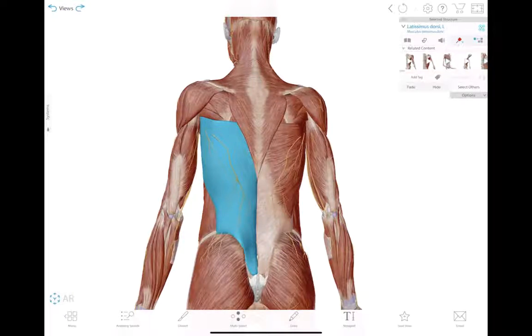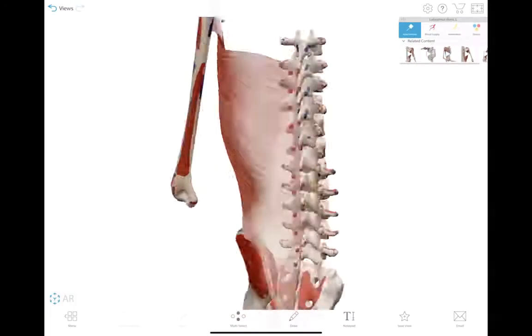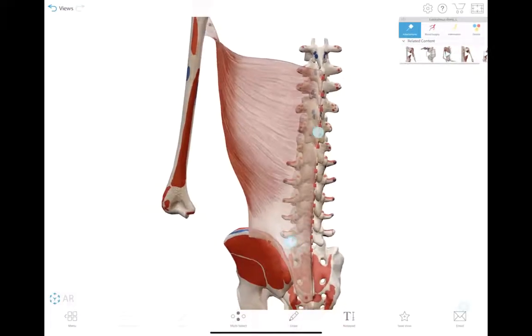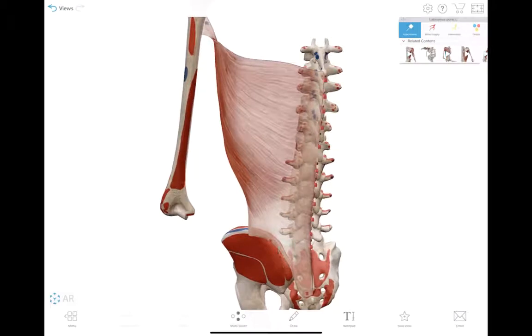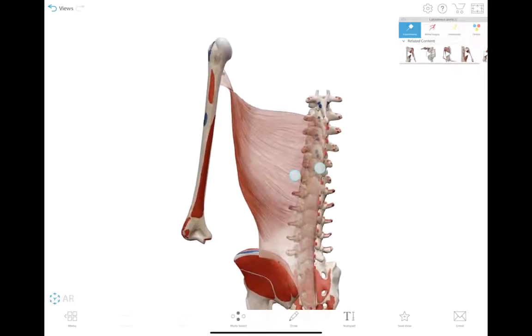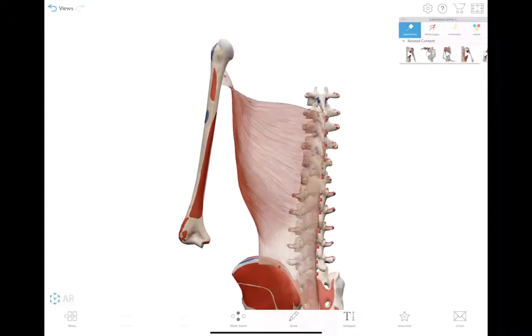It is going to extend the shoulder. This is an antagonist to that pectoralis we just looked at. If we zoom out a little bit, you can see it attaches to the vertebral column medially and then to the humerus laterally. So it's going to extend the humerus, pull it backwards.